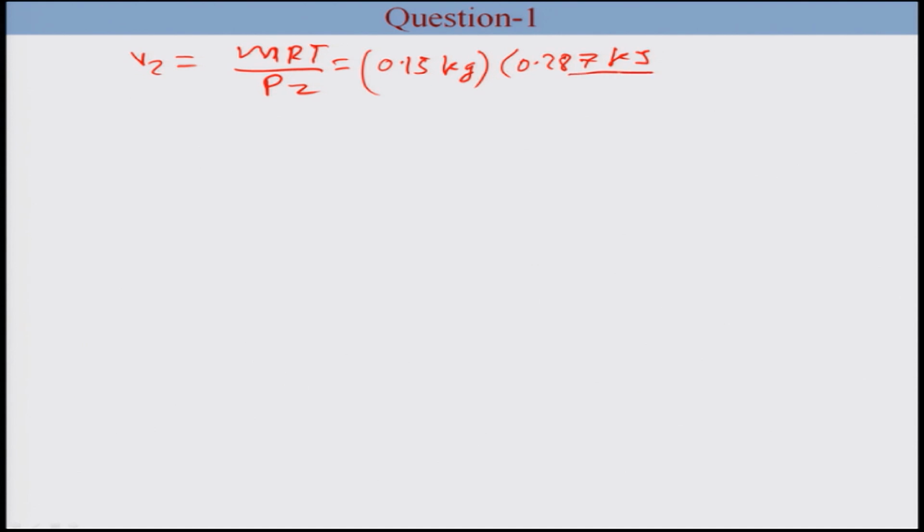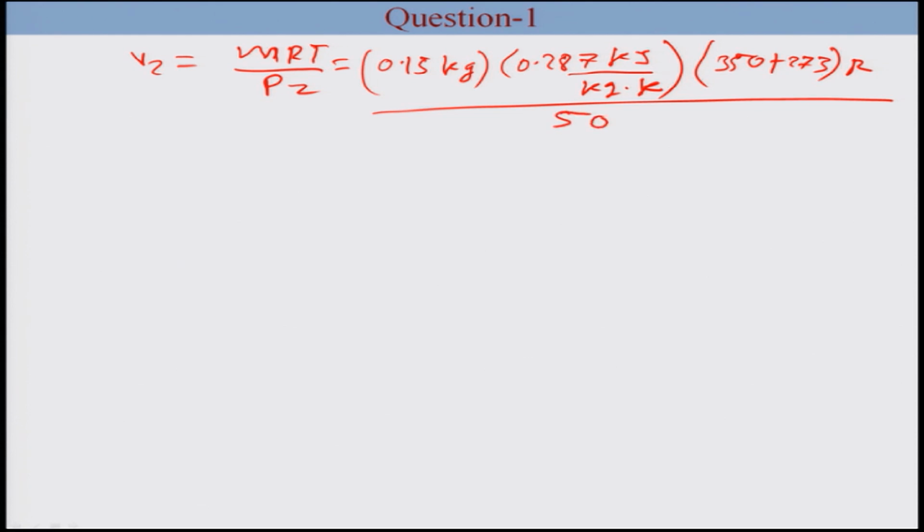Now we need to know the value of V2. Similarly, we can calculate V2 equal to mRT upon P2. Since this is an isothermal expansion, the temperature will be the same. The value of m is 0.15 kg, the gas constant is 0.287 kilojoule per kg Kelvin, temperature is 350 plus 273, and pressure is 500 kilopascal.